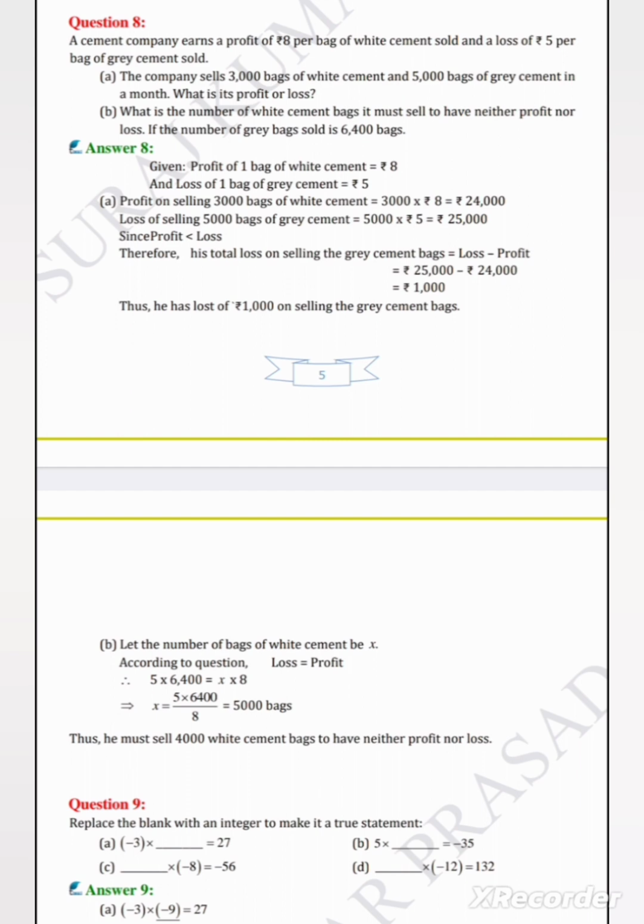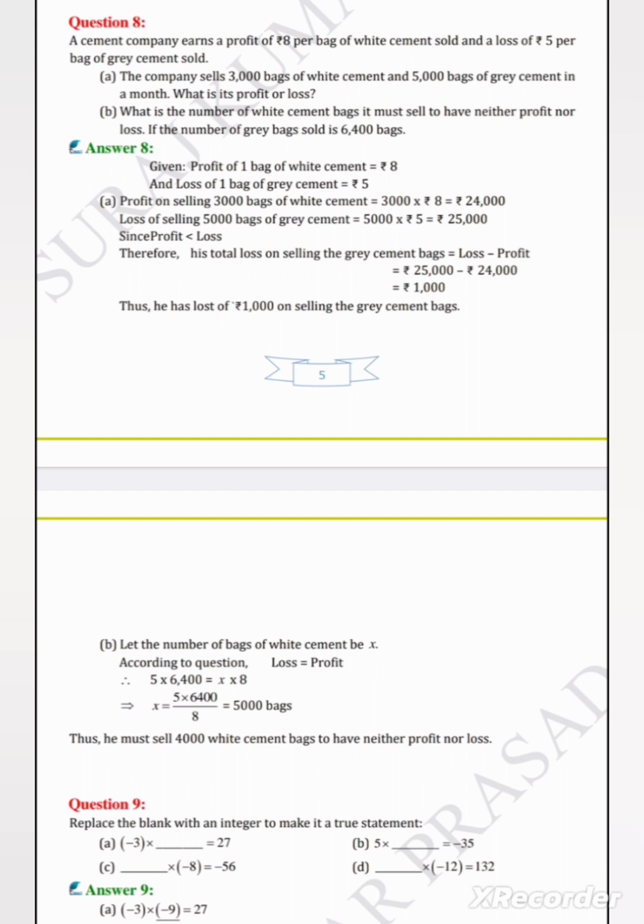Here they asked the profit or loss of selling 3,000 white cement bags and 5,000 of grey cement. Let's calculate. Profit on selling 3,000 bags of white cement is 3,000 into 8, which is 24,000, and loss of selling 5,000 bags of grey cement is 5,000 into rupees 5, which is 25,000.